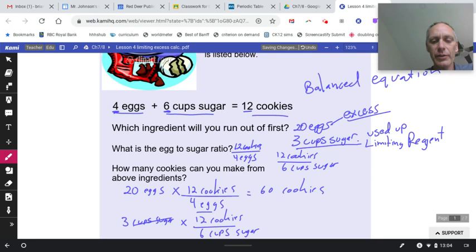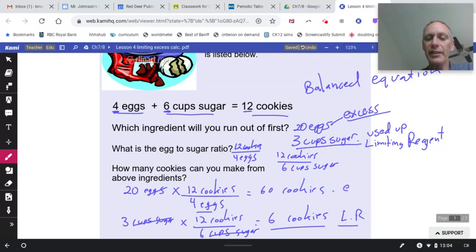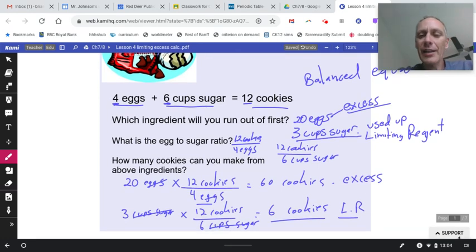We can cancel out the cups of sugar, just like we could have canceled out the eggs there. 3 cups times 12 cookies divided by 6 is only 6 cookies. So we only have enough sugar to make 6 cookies. So this proves mathematically that the sugar is our limiting reagent and the eggs are in excess. Okay, so that's the theory behind these.